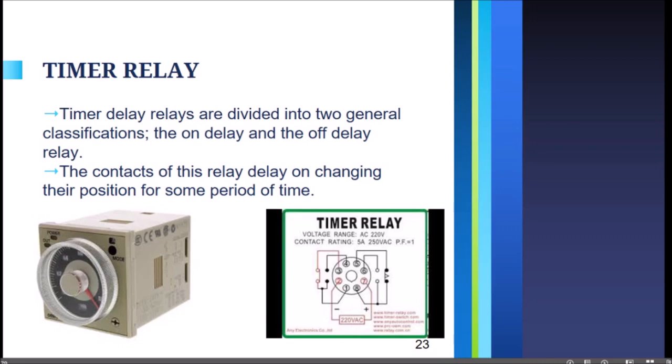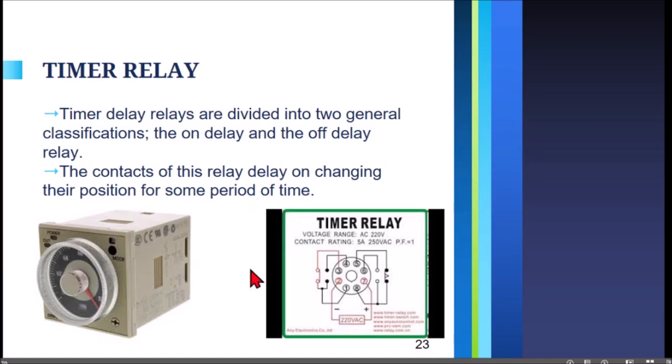For off delay, at the start it will act on its normal setting, and after 5 minutes, or depending on the setting of the timer, it will change state, either normally open or normally closed.